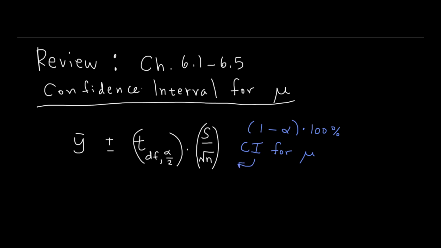So our t critical value, t critical, remember that's just a number from the t table. And we'll see how to find that value in R quite quickly. Over here, that is the standard error, s over square root of n, standard deviation over the square root of sample size, standard error.